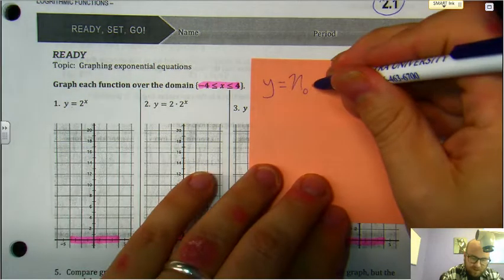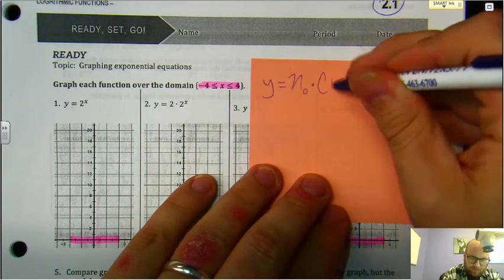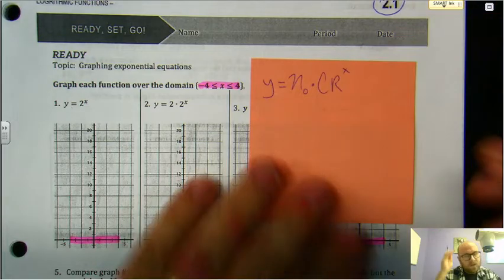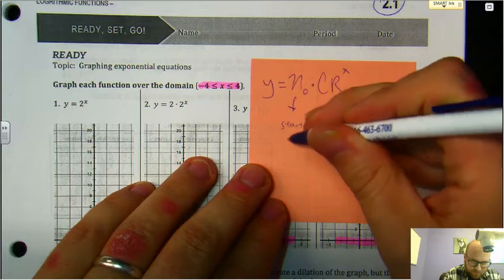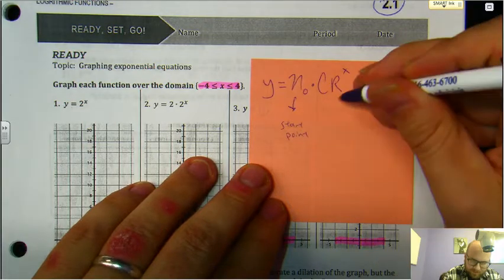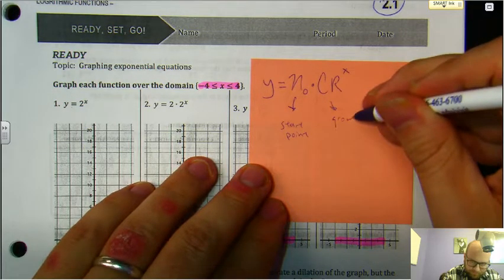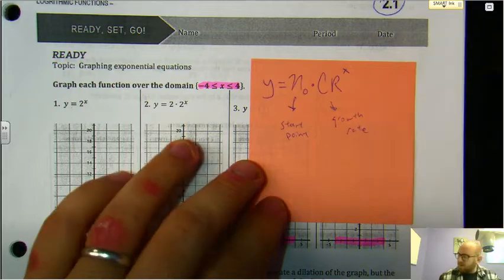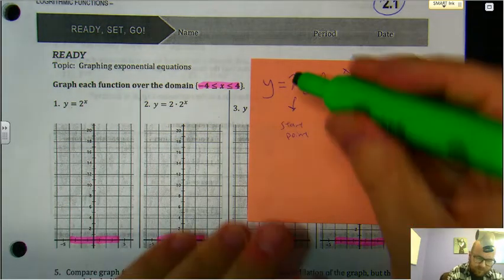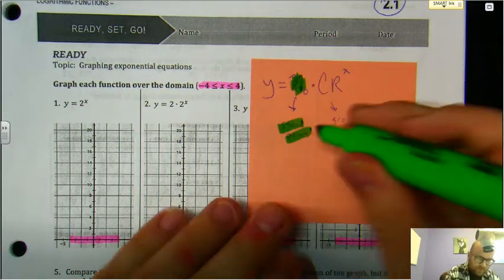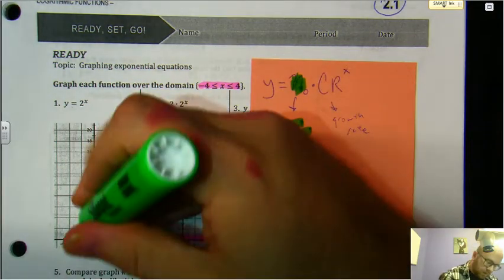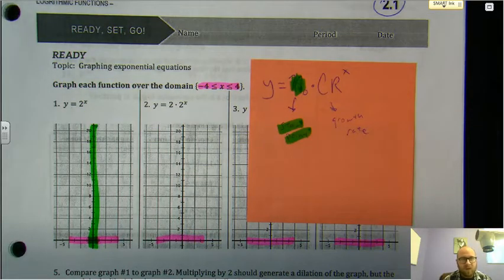And so that's going to be times our constant ratio to the x power. Now, this is our start point, and this is our growth rate. So when we're talking about something like an n sub 0, or our start point, that's where it is along our y-axis.